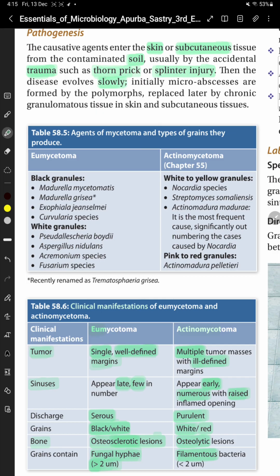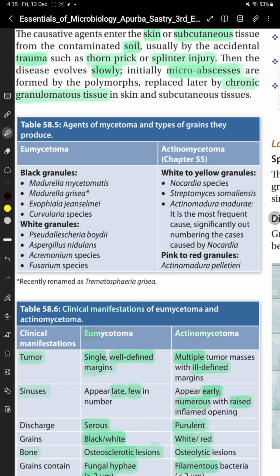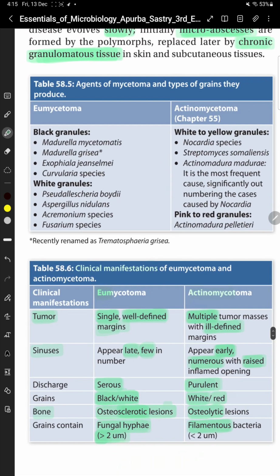It is a slow progressive disease. Initially microabscesses are formed by the polymorphs and replaced by chronic granulomatous tissue in skin and subcutaneous tissue. इनिशियली माइक्रो एब्सेस होता है, ठीक है, और फिर बाद में chronic granulomatous tissues बन जाते हैं.